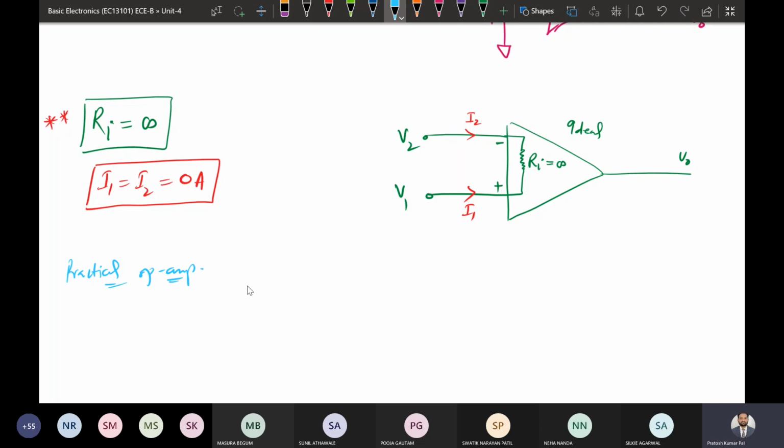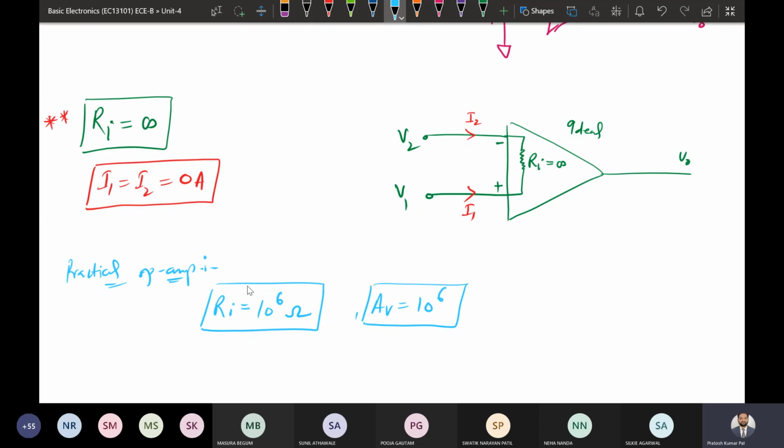For a practical op-amp, the input resistance is not infinity, but it is equal to 10 to the power 6 ohm. That we have already seen. And also in that case, the gain is considered to be 10 to the power 6. This is for the case of the practical one.